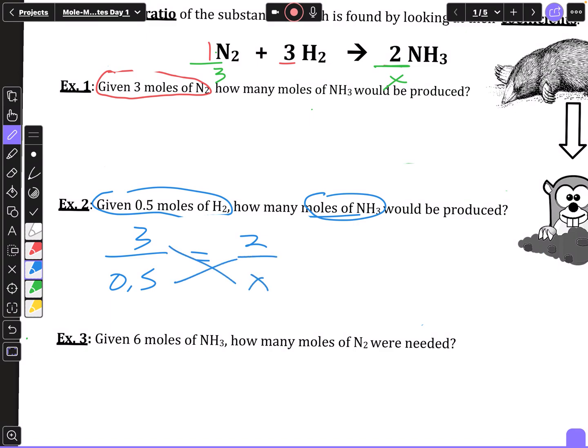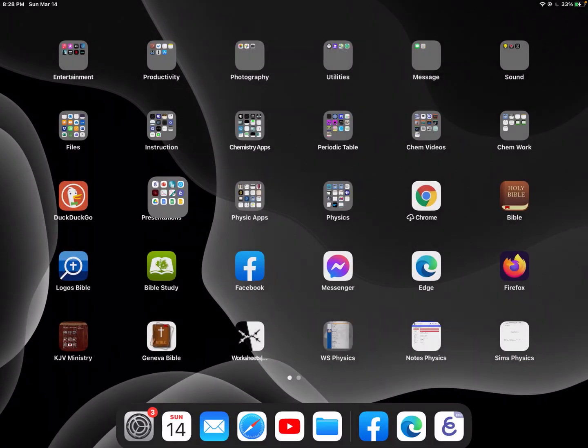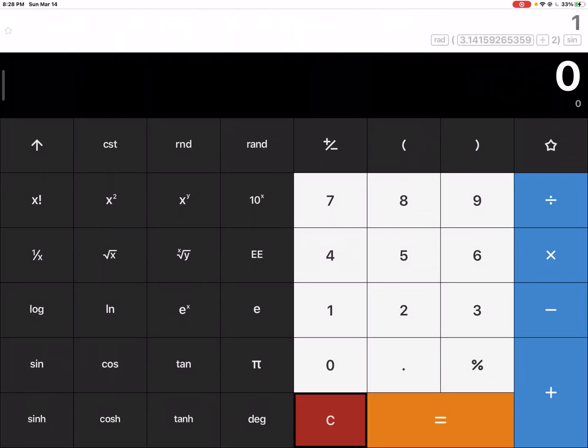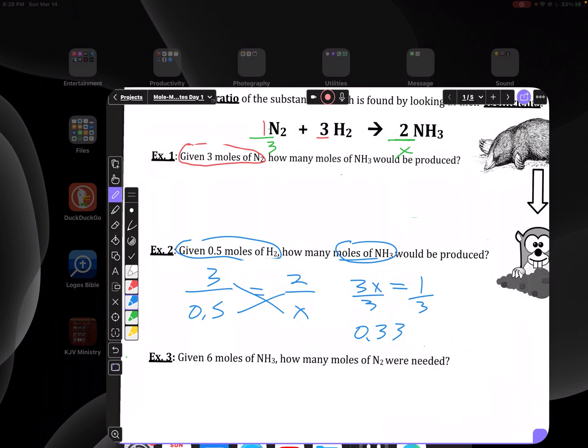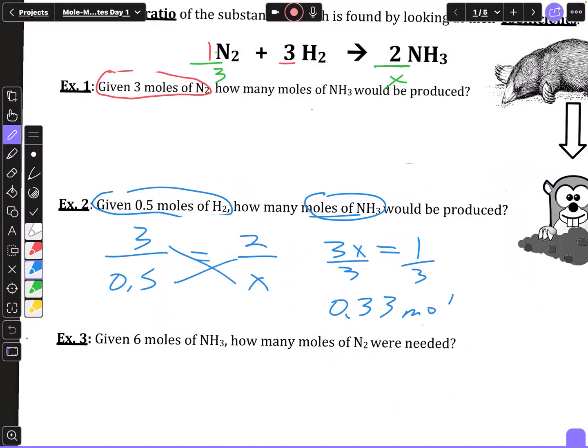Cross multiply and solve. 3x equals 1. Divide both sides by 3. 1 divided by 3 equals, and I think that's right, 0.33. I might want to check that with my calculator. Yes. And that would be my answer. My answer would be moles of NH3.